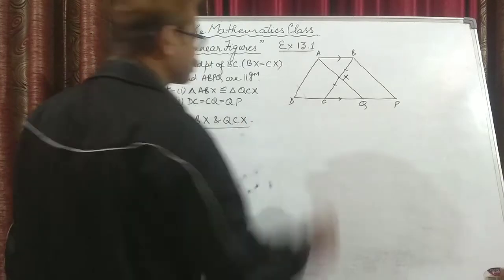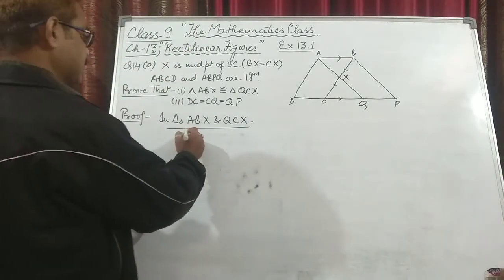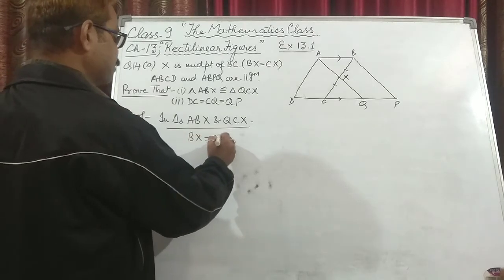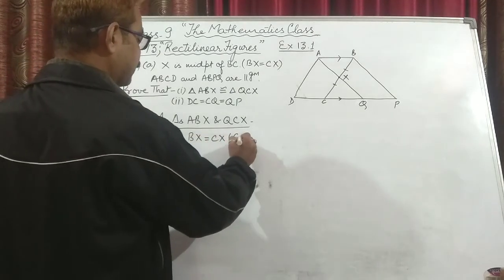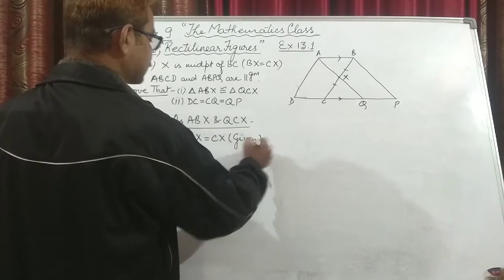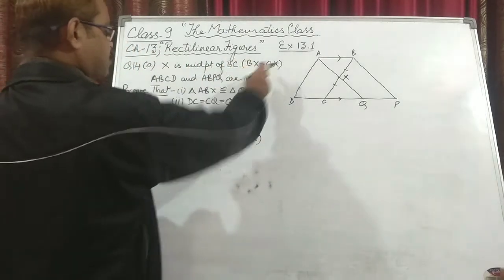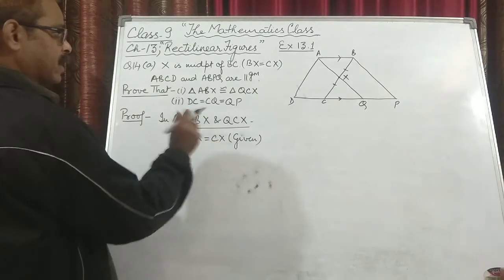What do we find in these two triangles? First thing, you can say that BX is equal to CX, given. It is given that X is midpoint of BC, so BX is equal to CX. That is what we have written, number one.